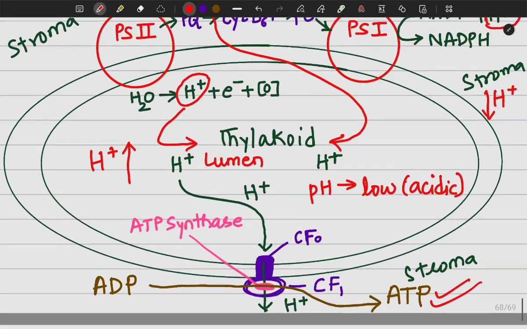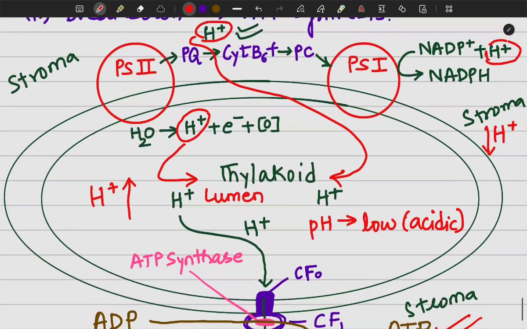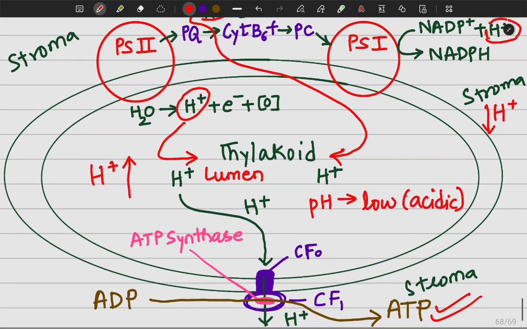So this in a way concludes how the ATP and NADPH are produced in the light reaction. If you remember, when we started the lecture, or specifically in the light reaction, we studied that the two main products of the light reaction are NADPH and ATP. So NADPH was already produced when we studied the electron transport chain.